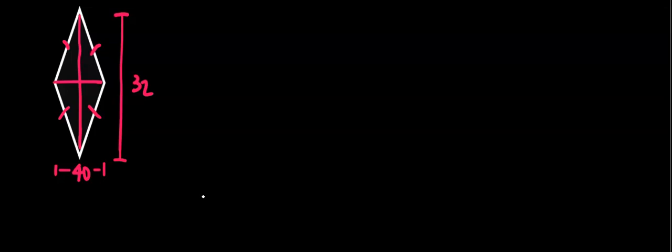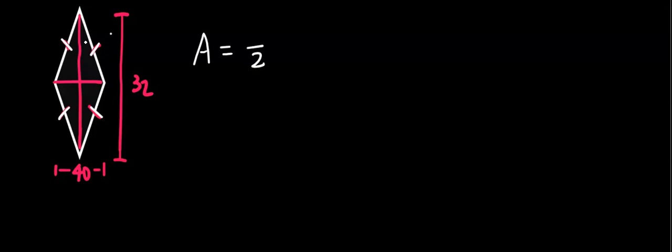Question 4 is a rhombus. How do we know it's a rhombus? You see these tick marks right here? They tell us all the sides are congruent. It's a quadrilateral with all sides congruent. That's the definition of a rhombus. Then how do we find the rhombus area?